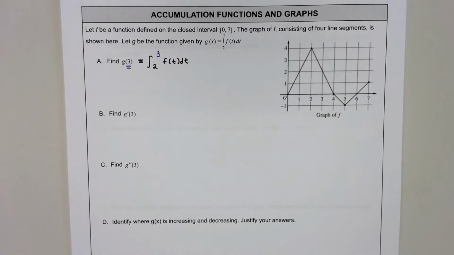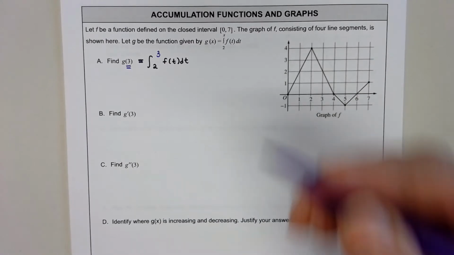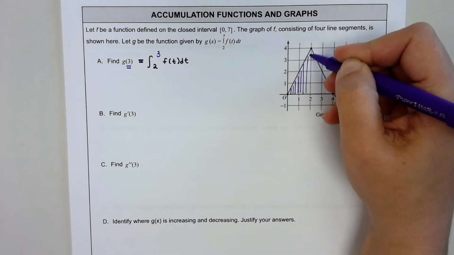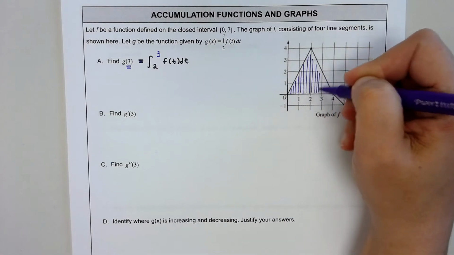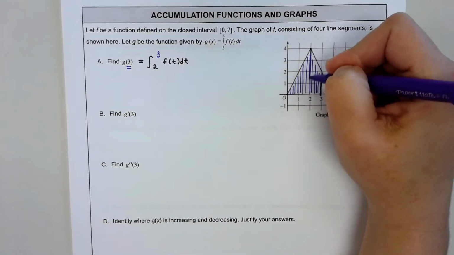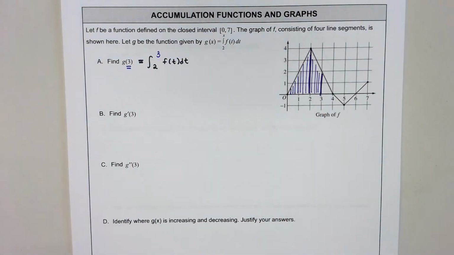Now, in order to calculate this integral, I'm going to go back to what it means to have an integral, which is an area. So the integral from 0 to 3 would be the area of this graph between 0 and 3. So stopping here. I'm going to break this up into two parts, the triangle at the beginning and the trapezoid.